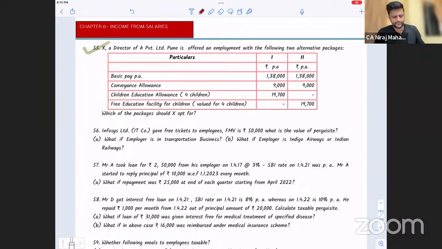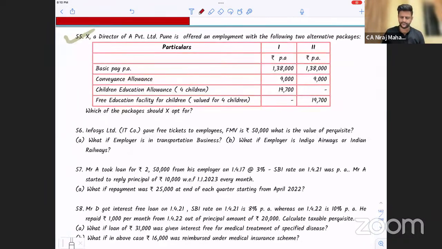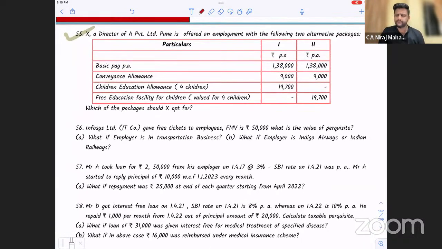Ready? Next one, 55th. Mr. X, a director of A Private Limited, Pune, is offered an employment with the following 2 alternative packages. Package 1, package 2. Basic pay, conveyance allowance as it is fully taxable.